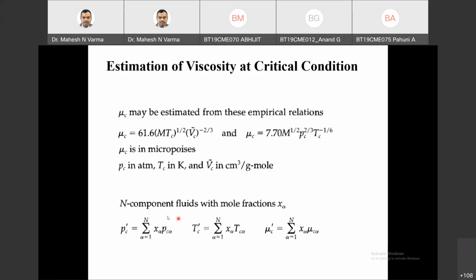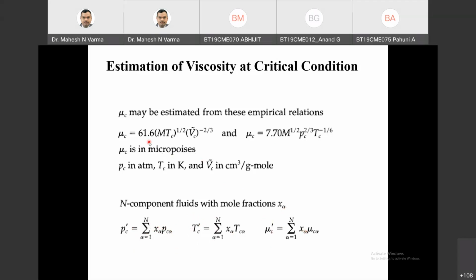If I have a mixture, a mixture of compounds, how do I get the critical properties? The individual critical pressures will be there. Mole fraction is used as the weighting factor: you use the mole fraction of compound alpha multiplied by the critical pressure of compound alpha, and the summation of this gives the critical pressure. Similarly for critical temperature, and I can get critical viscosity also.